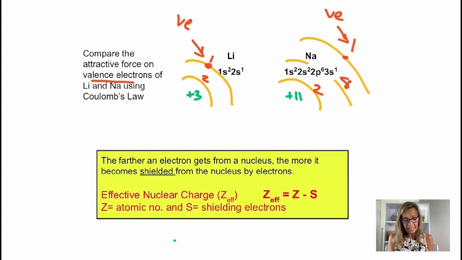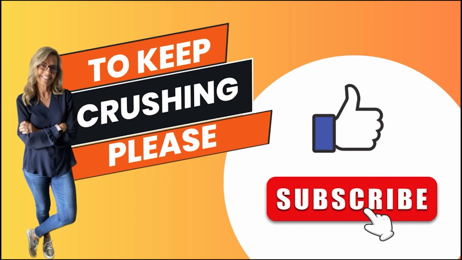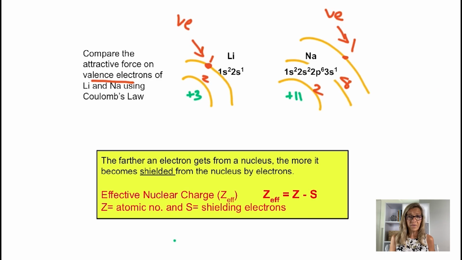What we're going to do is calculate the effective nuclear charge, because when we have full energy levels with electrons in them, they actually shield that valence electron from that positive nucleus. So we've got to talk about this shielding effect. And my shielding guys, let's say these are the shielding guys.